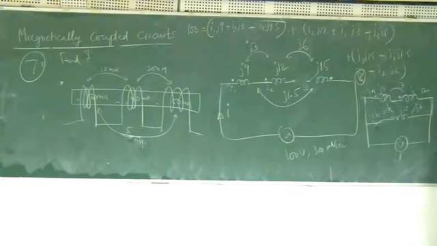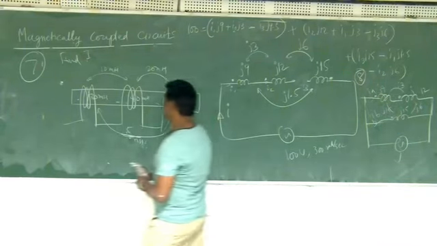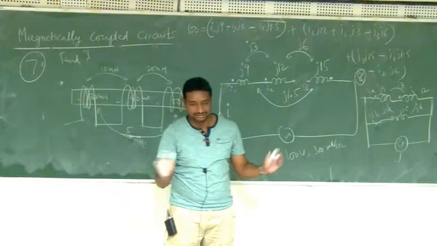So in the equation what do you write? For this one, 100 equals IA into J9, and then this voltage here, IB into J1.5. Like that you will write it. So it's not too complicated. It's tedious but not complicated.